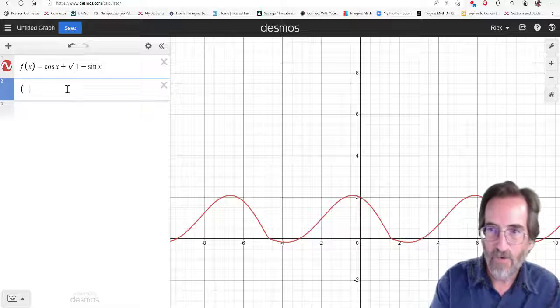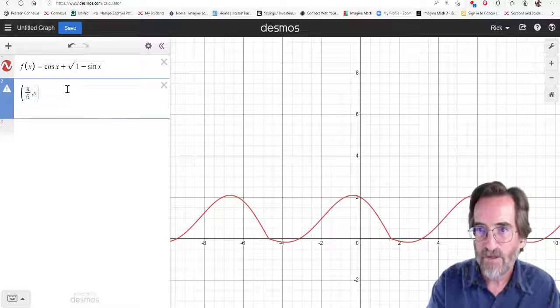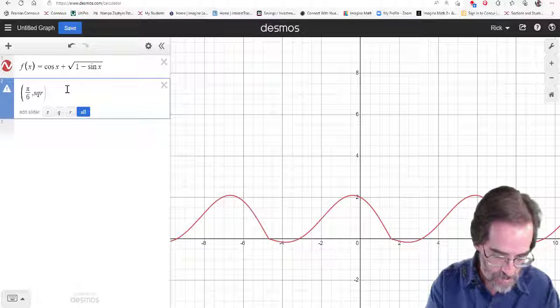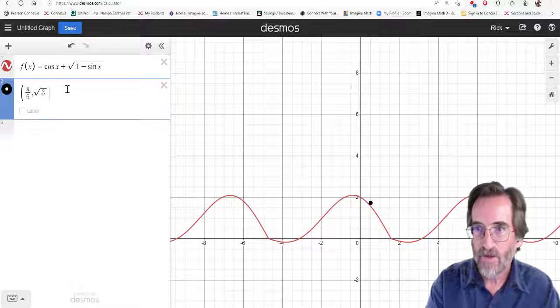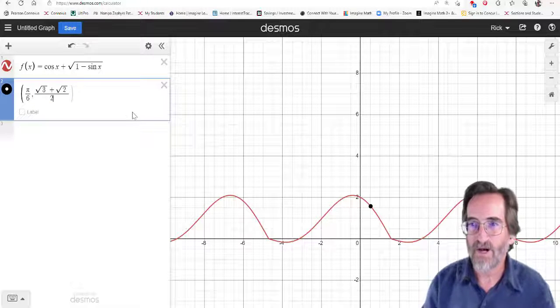I'm going to put in the point pi over 6, comma, square root 3 plus square root 2 over 2. Yeah, and that does lie on the function.